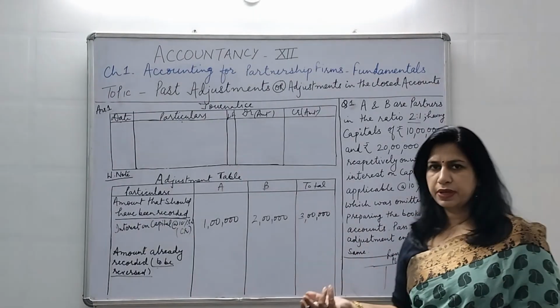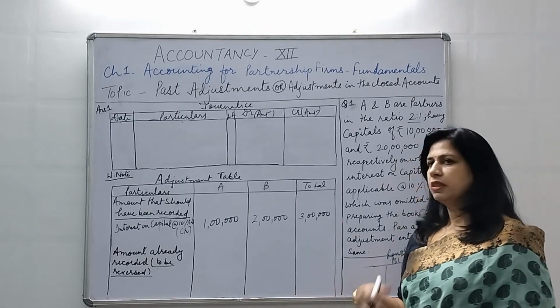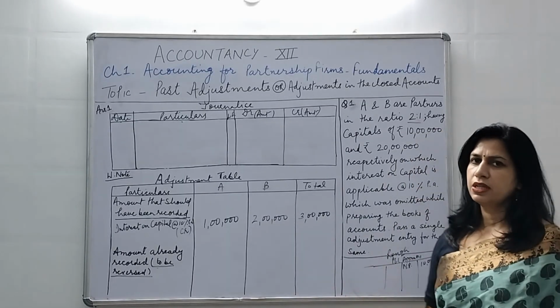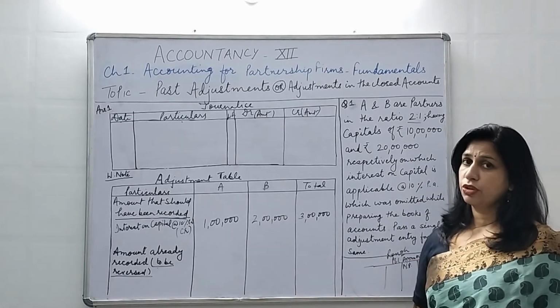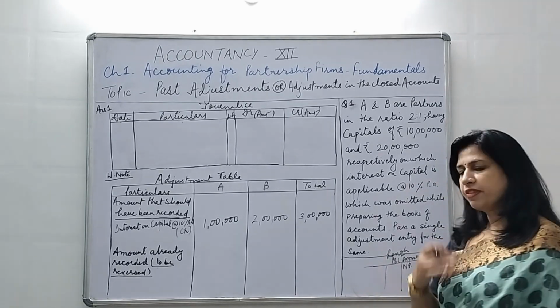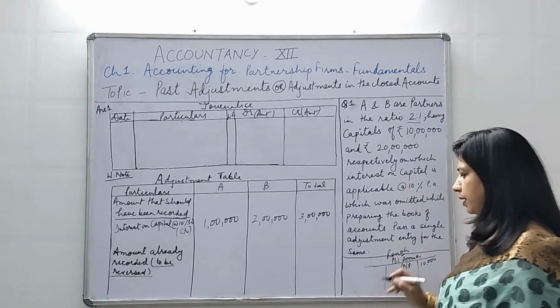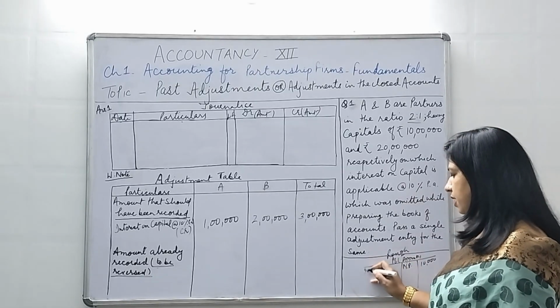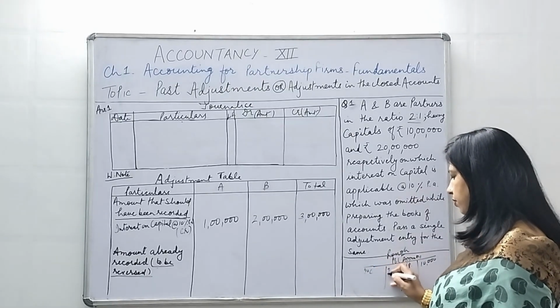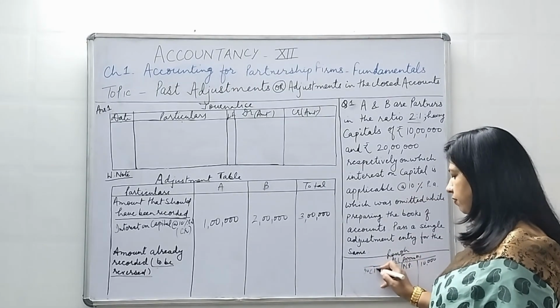I am taking a separate example just to explain the significance, how to proceed for the omission of interest on capital. If in any business there is a profit of 10,000 rupees, and interest on capital has to be given as 2,000, it can be 1,000 each for two partners.